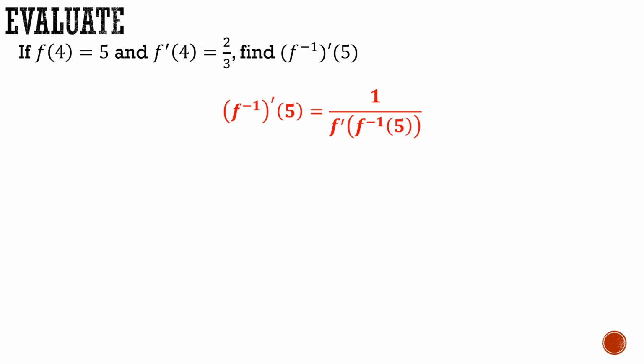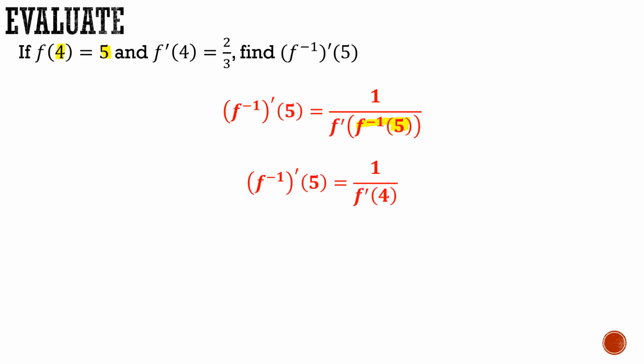Now looking at this, making sure I'm doing my composition properly, I need to start by finding out what f inverse of 5 is. And so once I figure out what f inverse of 5 is, then I'm going to take that derivative. Well, in the problem, they told us that f inverse of 5 is 4, because if you remember, with inverses, this is actually your y value. So this 5 is your y value, which is this 5 up here. And so the inverse of that would just simply be 4.